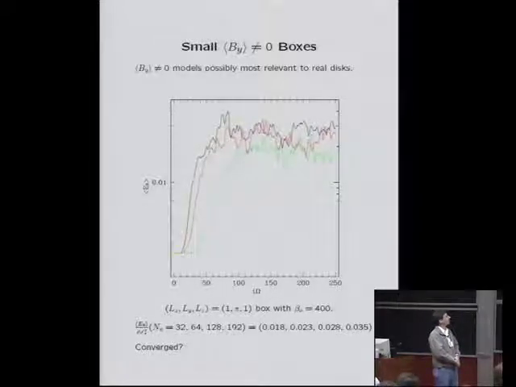And for these models, the evolution of the magnetic field doesn't behave in the same way as the zero mean field boxes. I don't know if it's converged, but the mean magnetic energy at least increases by progressively smaller fractional amounts as one increases the resolution. And so this is perhaps a little more hopeful.